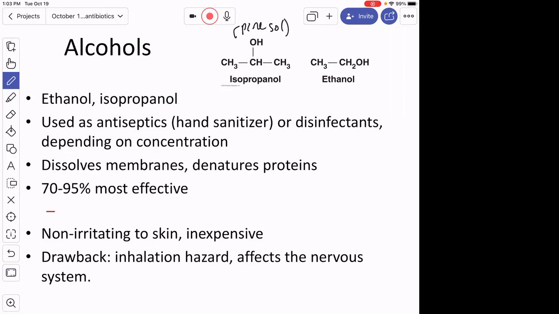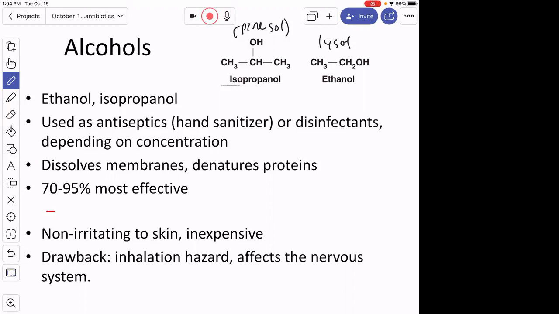Lysol used to be the go-to disinfectant when I was a kid. You'd just say, oh, Lysol it. That active ingredient used to be a phenolic, a derivative of phenol. We don't very often spray Lysol anymore; I usually get those wipes that have Lysol. Now the active ingredient in there is just ethanol.